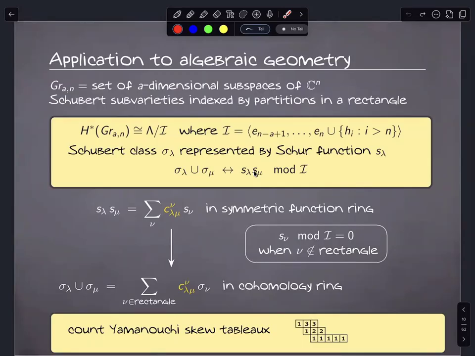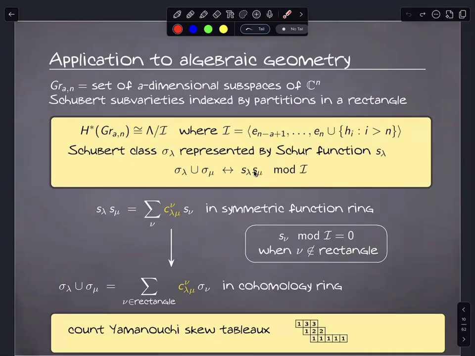It turns out that the cohomology of the Grassmannian can be studied instead as a quotient of the symmetric function ring, symmetric functions modulo some ideal, which I wrote there. The Schubert class in the cohomology can be identified with the Schur function. If you want to understand how to take the product of the Schubert classes, you have to understand how to multiply the Schur functions and mod out by that ideal.